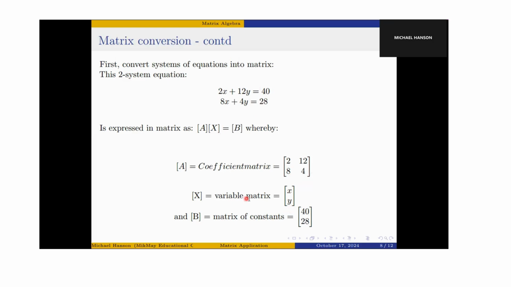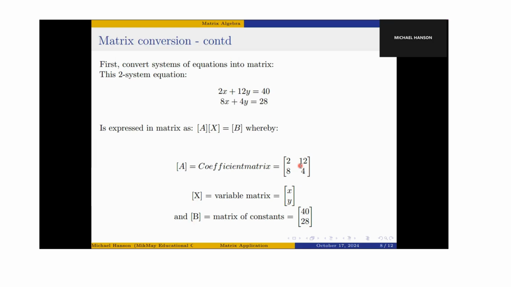Now, equals B, the B is called the constant matrix. So the constant matrix B is equal to 40, 28. You can see we've been able to rewrite these systems of linear equations into a matrix as this: matrix A times matrix X equals the constant matrix.